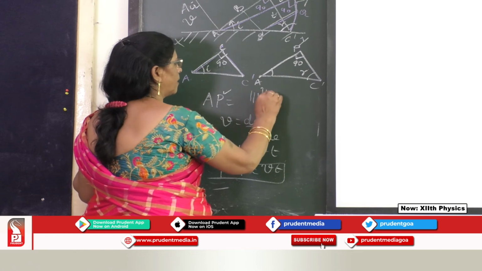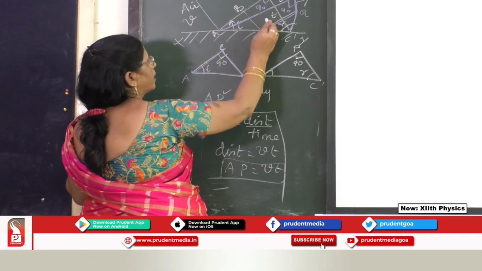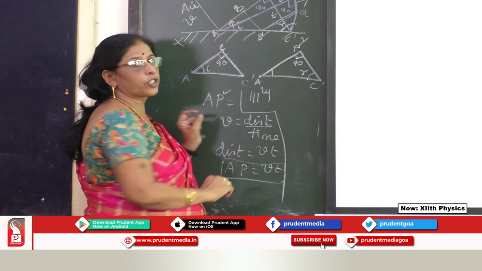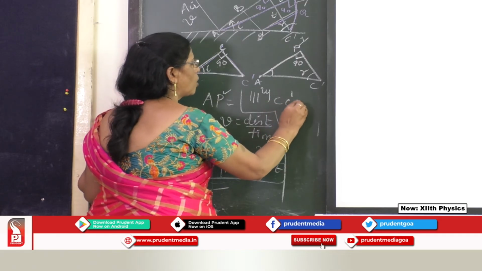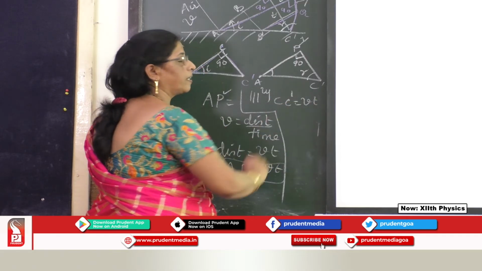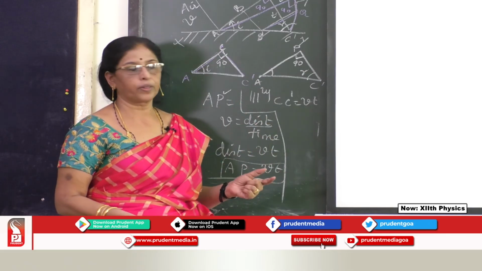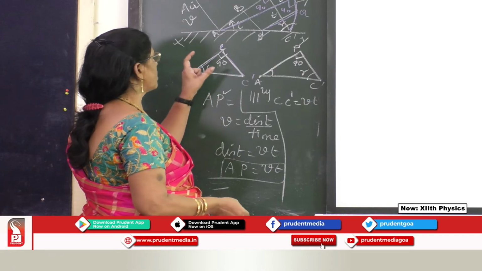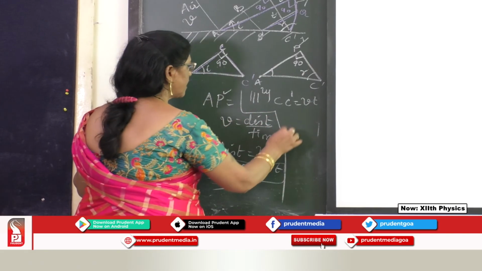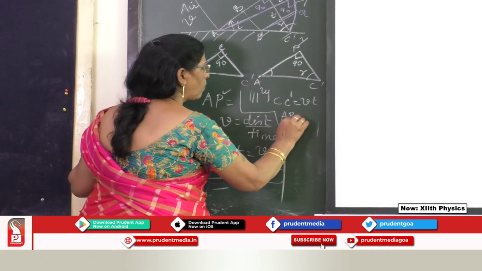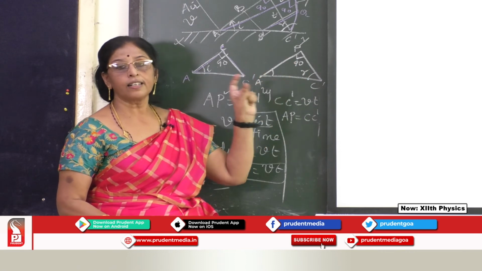Similarly, the wave from A to B, during the same time, reaches C dash. So, the distance CC dash is also equal to VT, because same velocity, same time. Since both have the same value, AP is equal to CC dash. Both the distances are equal.